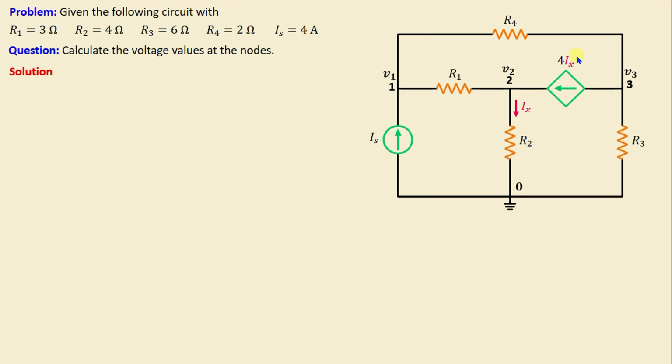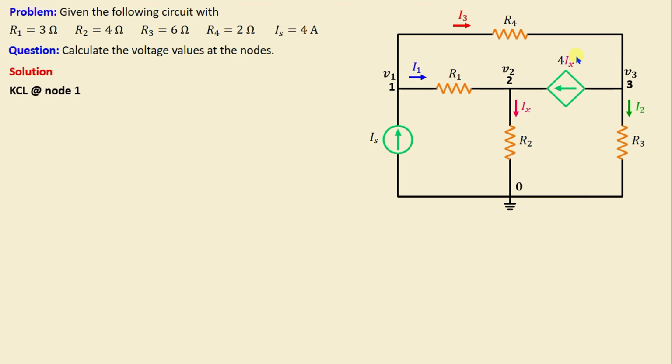Let's now assign arbitrarily the currents in each branch, and I will consider I1 is the current through the resistor R1, and I2 is the current through the resistor R3, and I3 is the current through the resistor R4. Next, we will proceed to apply Kirchhoff's current law in each node.